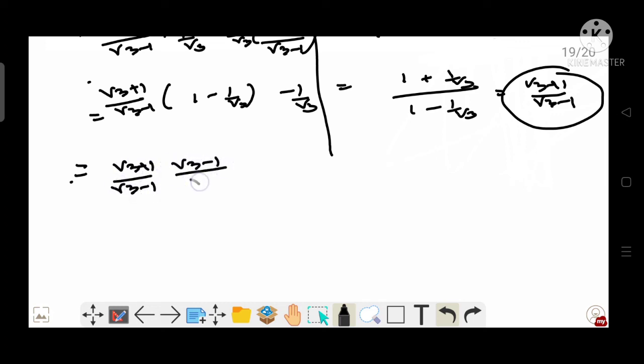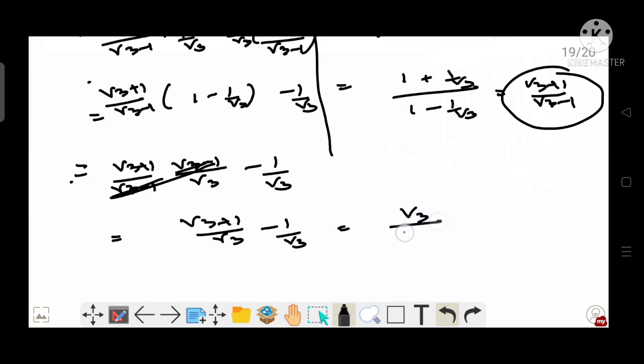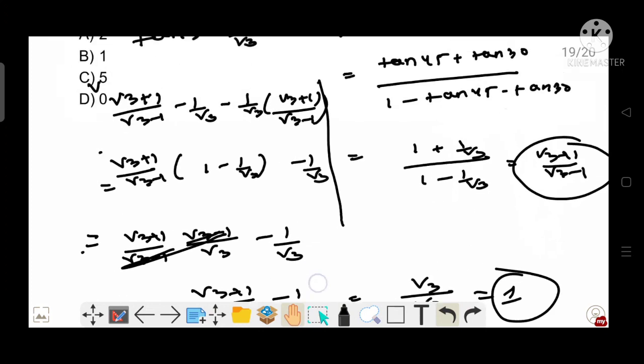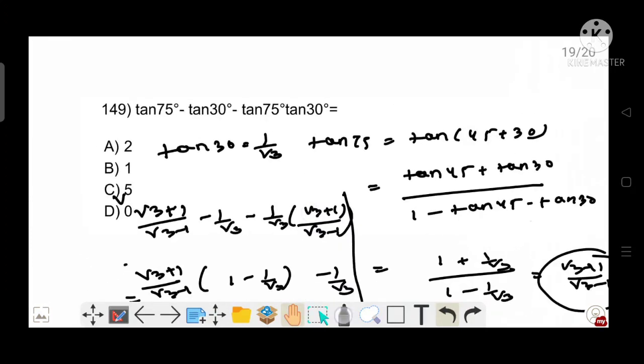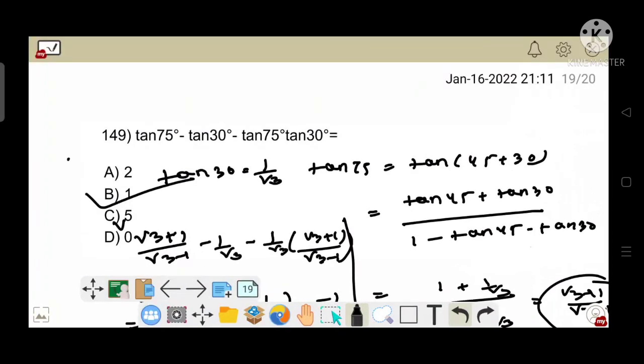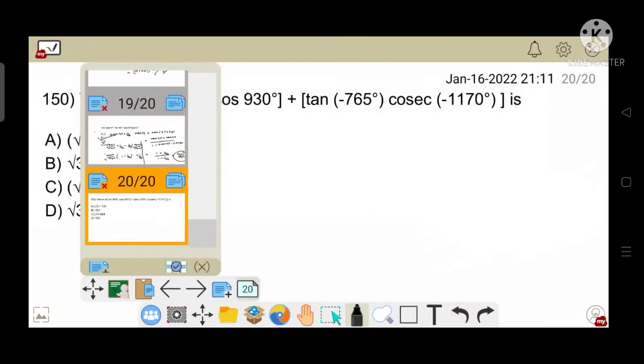Root 3 minus 1 by root 3 minus 1 by root 3. So this will be cancelled out. Root 3 plus 1 by root 3 minus 1 by root 3. This will be root 3 by root 3 equal to 1. This is your answer. B is your answer.